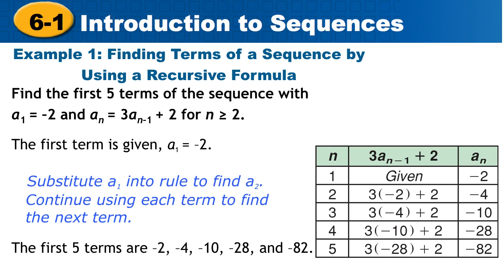In order to find a sub 4, you are going to replace a sub 3 with negative 10 here and evaluate it. Then a sub 5 is 3 times a sub 4 plus 2, where a sub 4 was negative 28. So here are the first 5 terms: negative 2, negative 4, negative 10, negative 28, and negative 82.